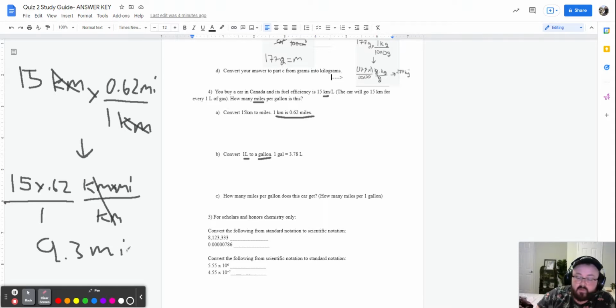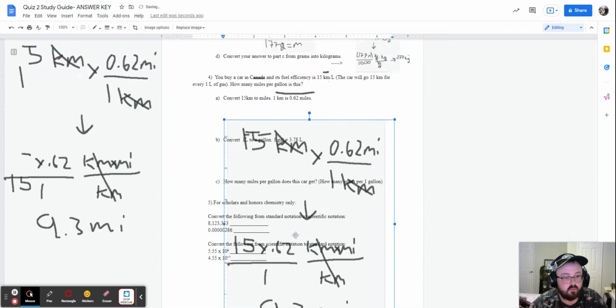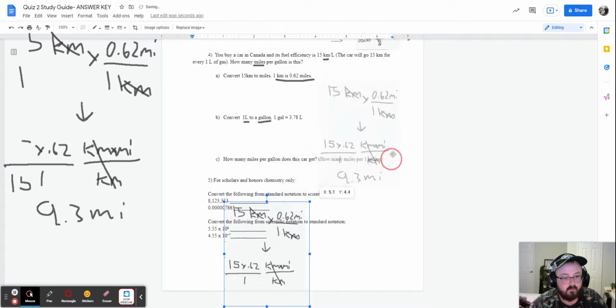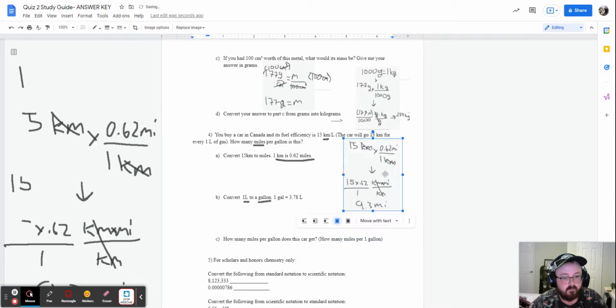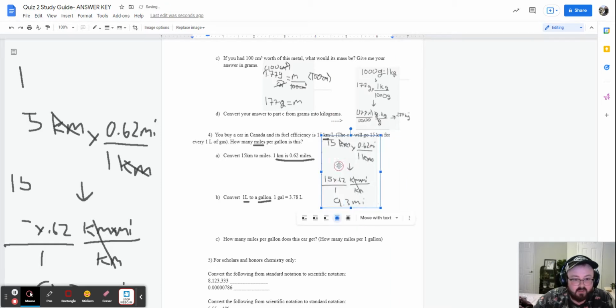So 15 kilometers is 9.3 miles. I'm going to put this in. I really should be doing this so it's horizontal, but it's fine.